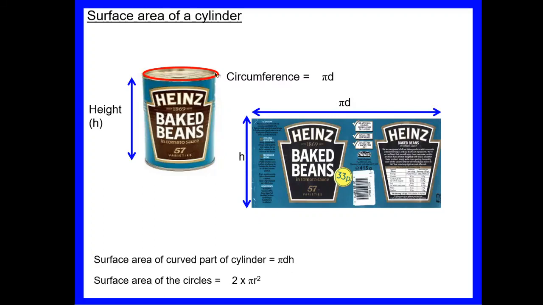That's the same for the metal bit of the can underneath. And then if we want the metal parts, we need the curve and 2 times pi r squared. So for just the label, we need pi d times h. That's how much paper we'll require. For the metal, pi d h plus 2 lots of pi r squared.